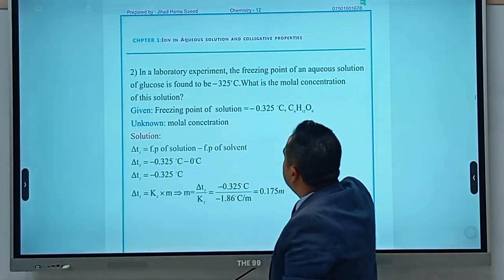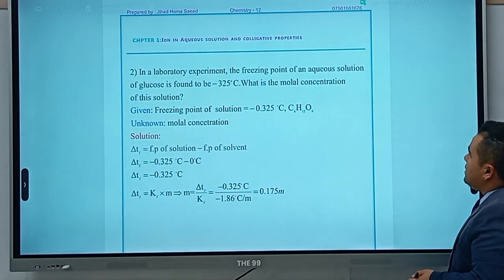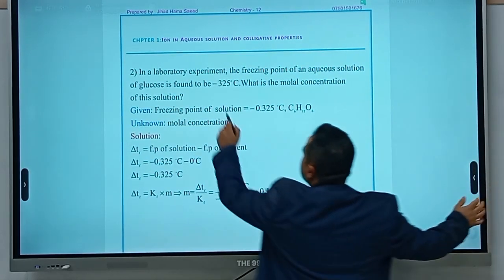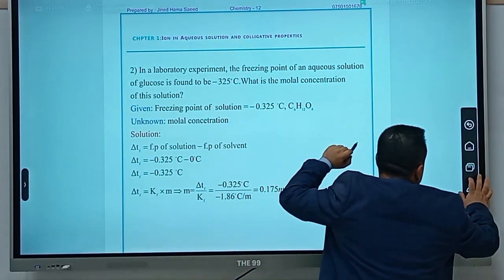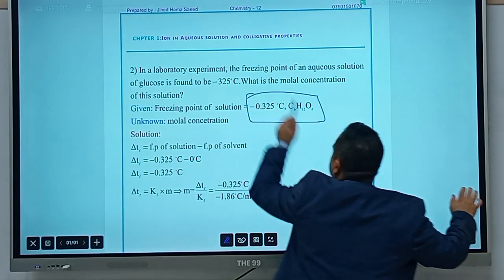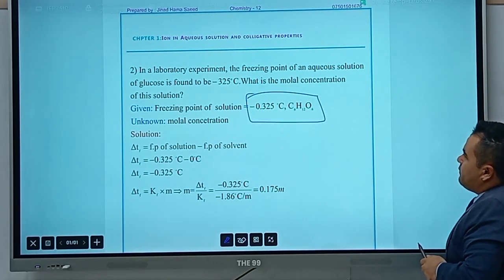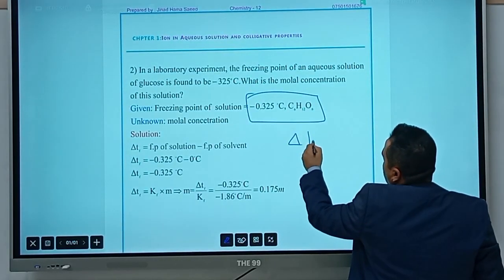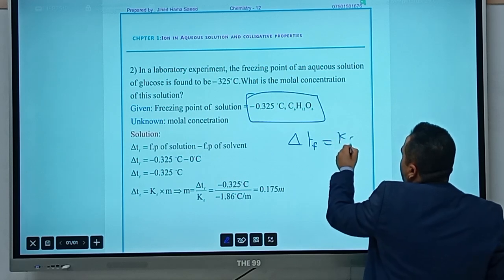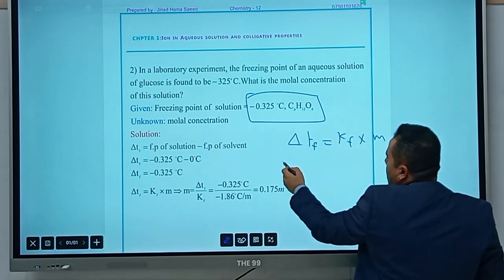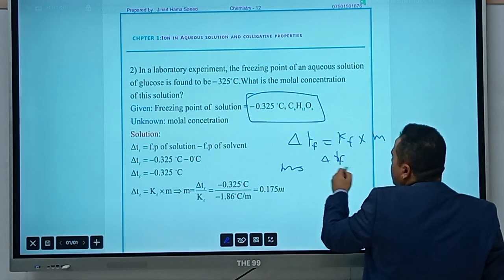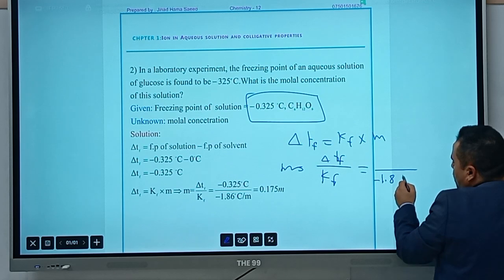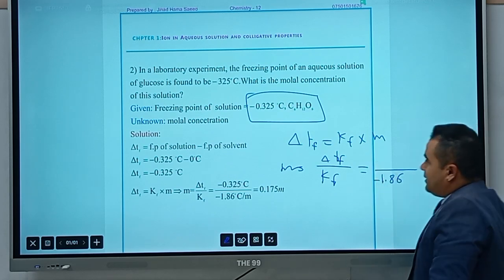More questions, guys. In a laboratory experiment, the freezing point of an aqueous solution of glucose is found to be minus 0.325 Celsius. What's the molal concentration of this solution? Delta TF is equal to Kf multiplied by M, and M is equal to delta TF divided by Kf. The Kf, we have to memorize it, is 1.86.